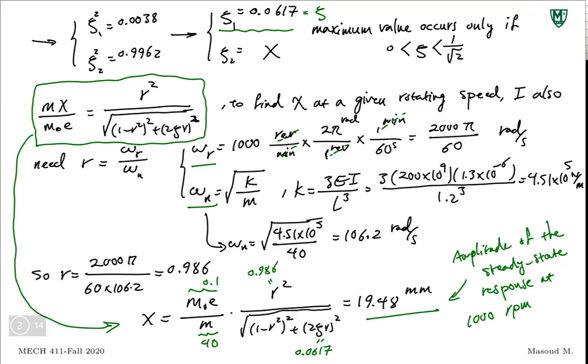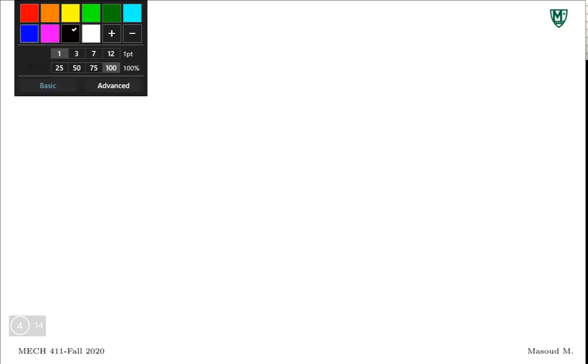All right. So far, so good. Let's take a look at the next example. We have a 65 kilogram industrial sewing machine.